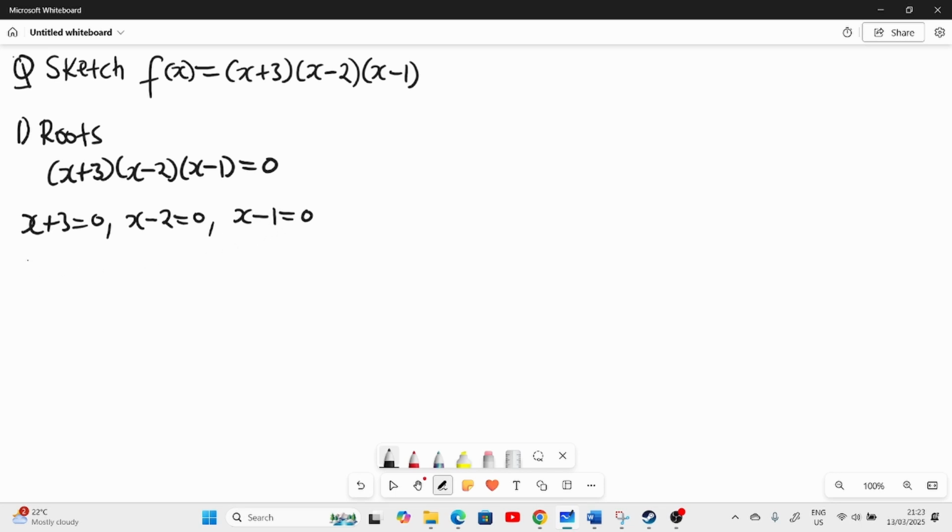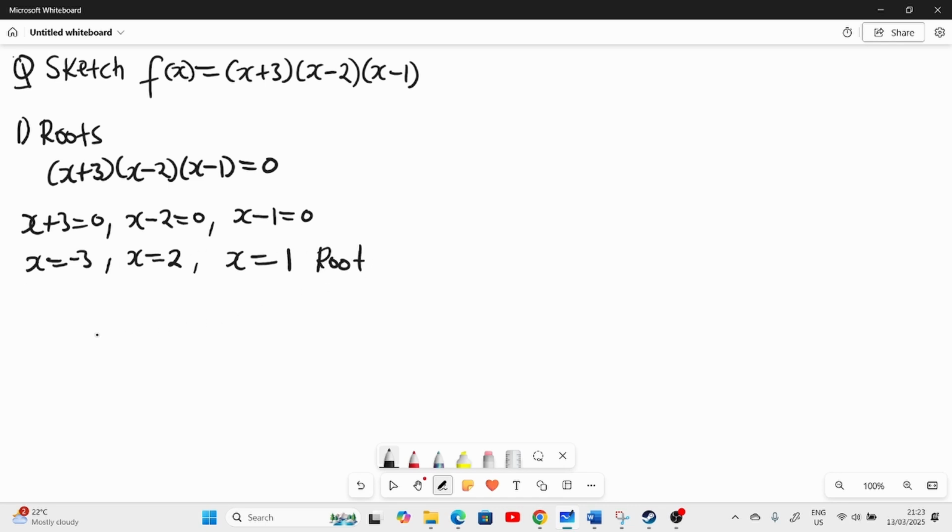So the values of x will be, first, -3, then the second one x = 2, the third one x = 1. So these are the roots of the polynomial.